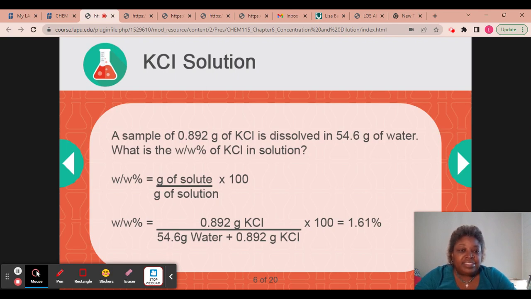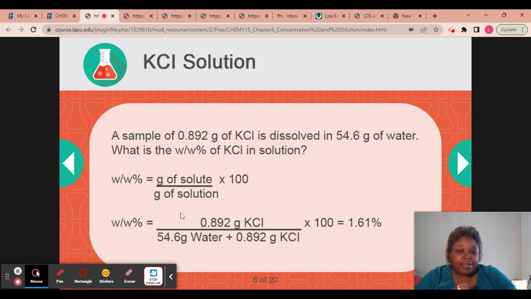To determine which one of these substances is the solute, if you're looking at a solution that has water, water is always going to be the solvent. Whatever is being dissolved in the water is known as the solute. Another way you can determine which one is the solute is the one that's in the smaller amount. Again, KCl applies to that rule as well because it's in the smaller amount.